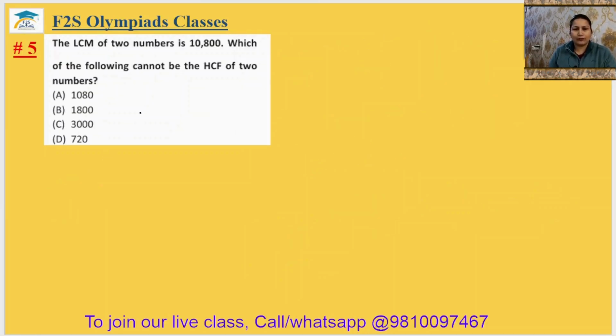Question number 5. LCM of the numbers is this. Which of the following cannot be the HCF of two numbers? So the HCF of any two numbers must be a factor of the LCM. So we need to check whether these numbers are factors or not. In option A, 10,800 divided by 1080 equals 10.